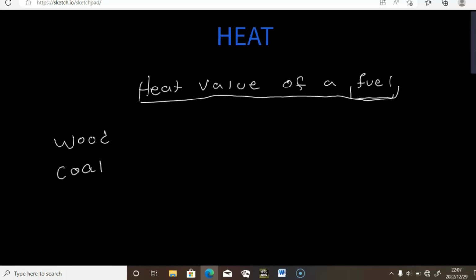And just like each and every substance that we have out there, fuels are different in a sense that they produce a different amount of heat energy when they are burned. So we have what we call heat value.